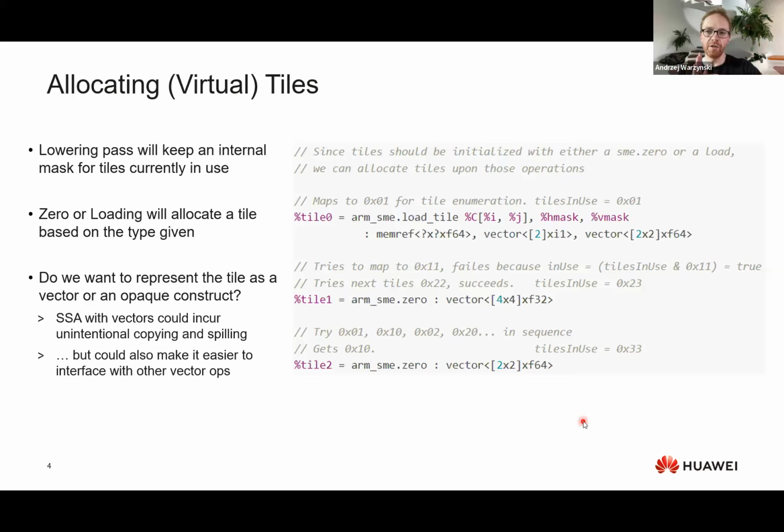With register allocation, you usually have a fixed number of registers. Here, you have a varying number of virtual tiles depending on your underlying element size. It becomes even more complex when you mix different element types. The other reason is that you can have vertical and horizontal accesses to the ZA array, and the overlapping views complicate the problem even more.